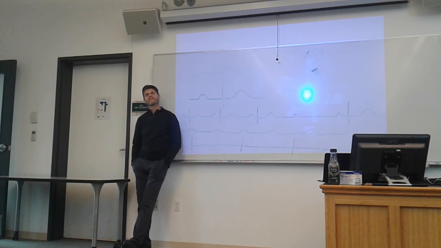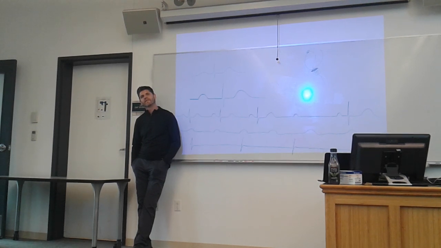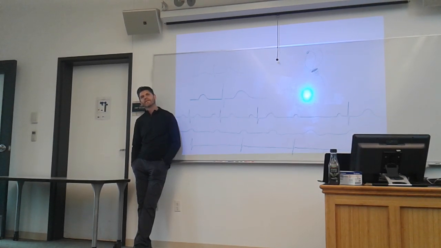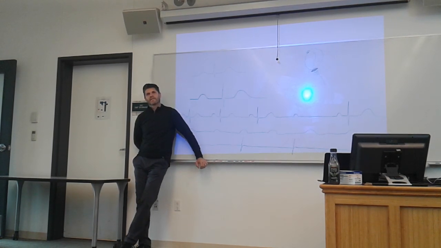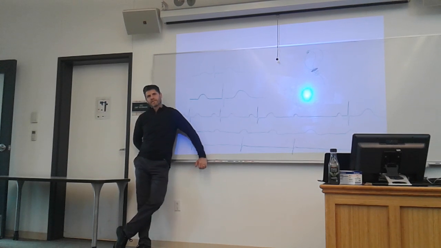So the PR gets longer and longer, and then you will not have a QRS complex after a certain period of time. And then it will continue out, hopefully with the PR interval short again. It will get longer and longer and longer, and then you will again drop a QRS complex.